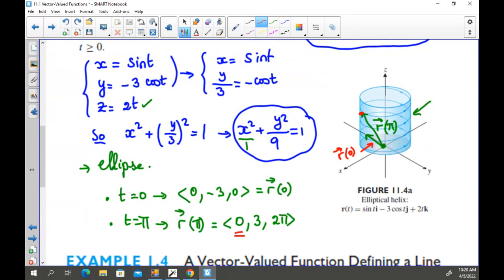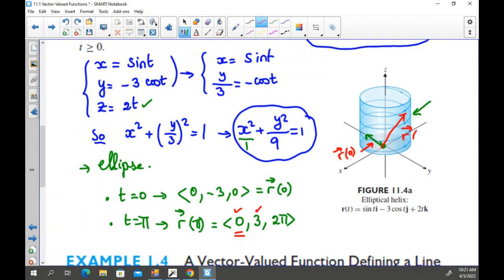Oh, y, sorry, so y is 3. I think it's the wrong direction. Y is 3 and z is 0. Sorry, x is 0, y 3. So it's going to be going in this direction like this.